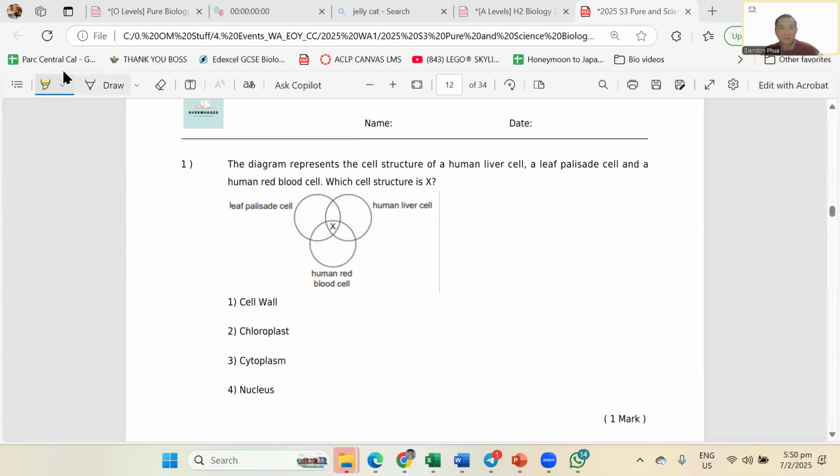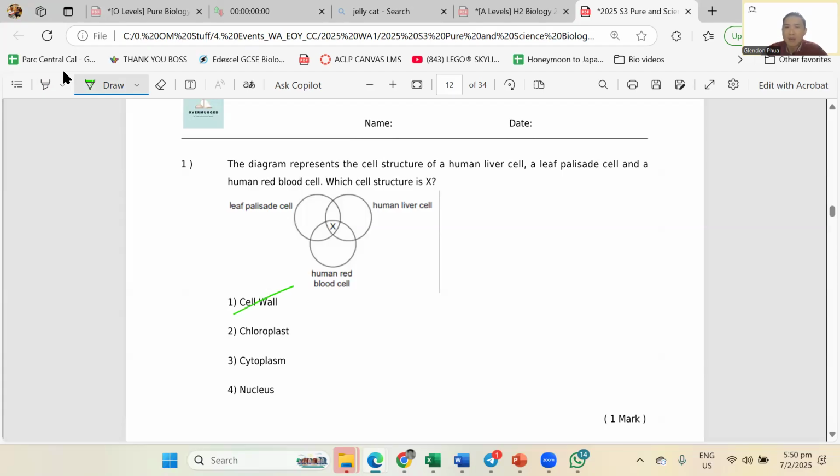Let's start with the first one. Now, the diagram represents the cell structure of the human liver cell, a leaf palisade cell, and the human red blood cell. Which cell structure is X? So, first thing first, I have human liver cell, human red blood cell. Which structure here can I delete? Can my human cells have cell wall or not?